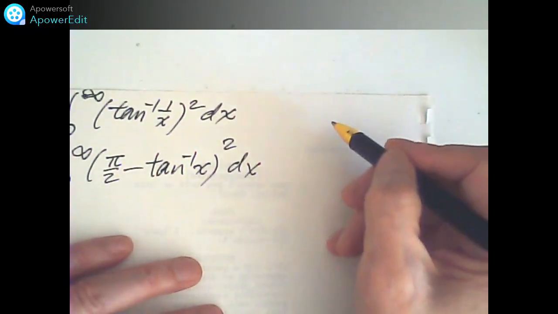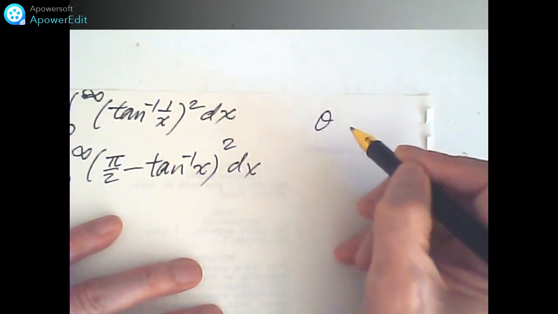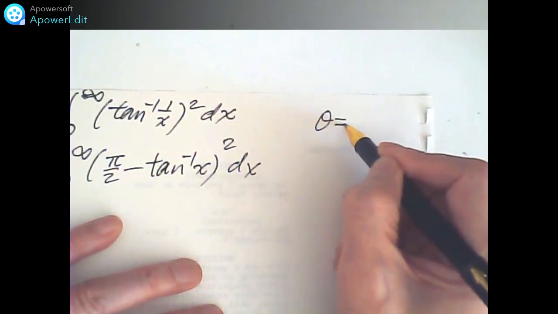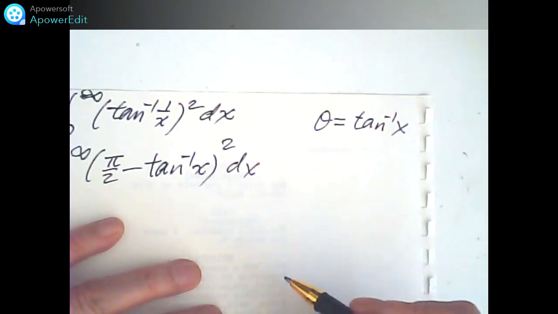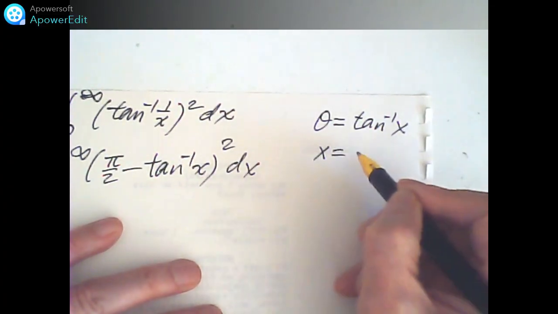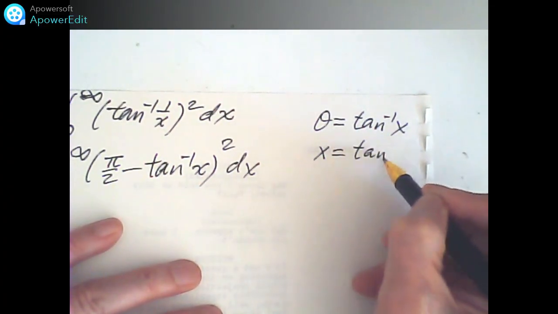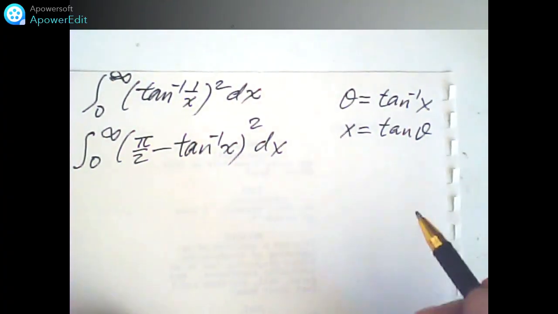Now my substitution is let theta be arctangent x. X will be tangent theta. See, it looks better.